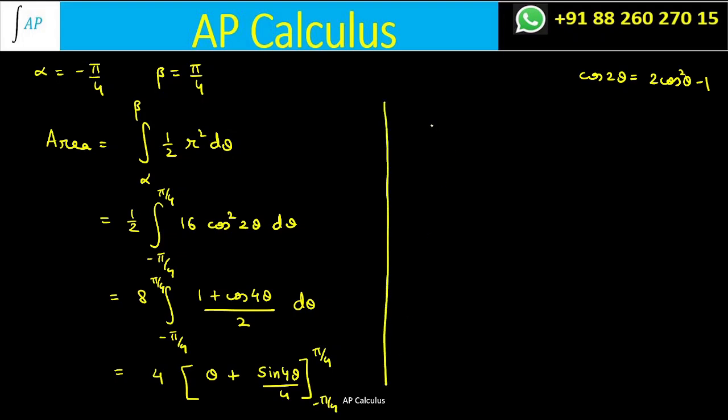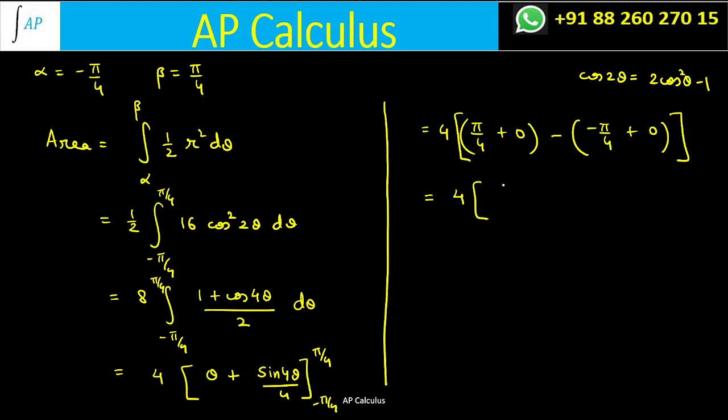Now if you put the values, if you put the upper limit pi by 4, this will be pi by 4. Now if you put pi by 4 over here, 4 times pi by 4 will be sin pi. Sin pi is 0. Minus the lower limit, if you put minus pi by 4, then sine of minus pi is also 0.